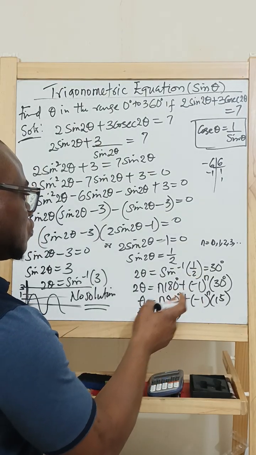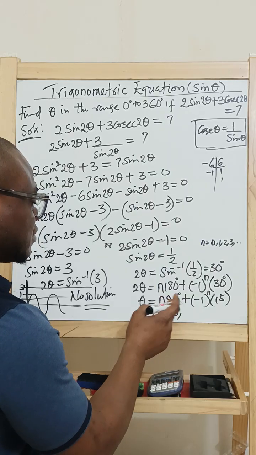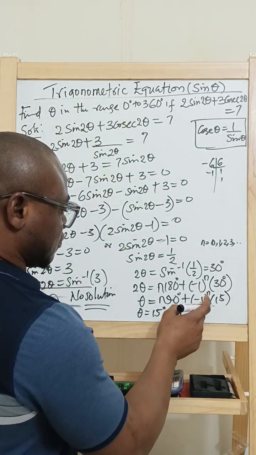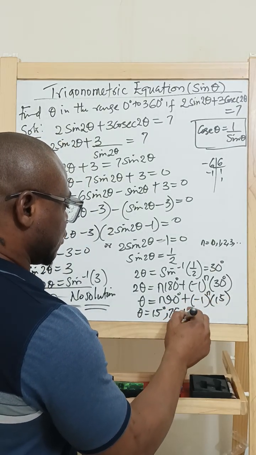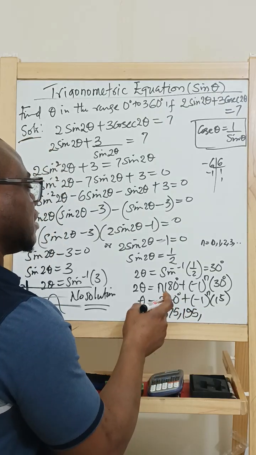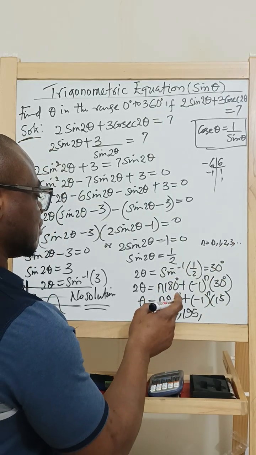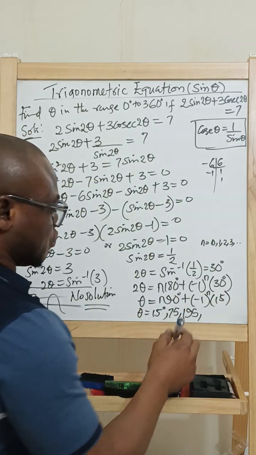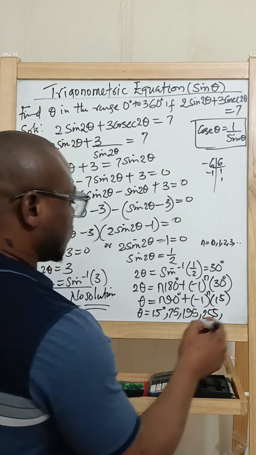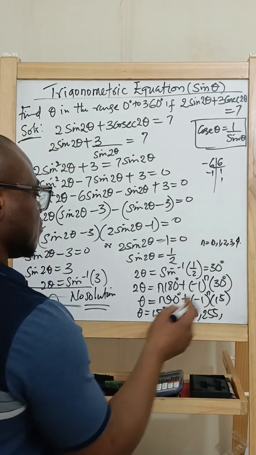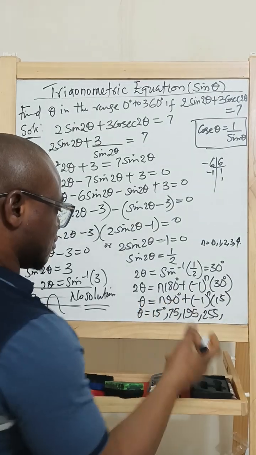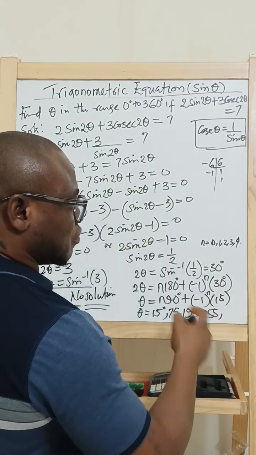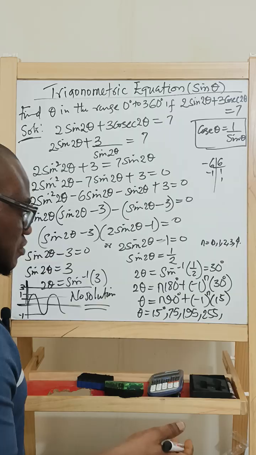When n is 2, 2 times 90 is 180, plus 15 is 195. When n is 3, 3 times 90 is 270, minus 15 is 255. When n is 4, 4 times 90 is 360, plus 15 is over 360.